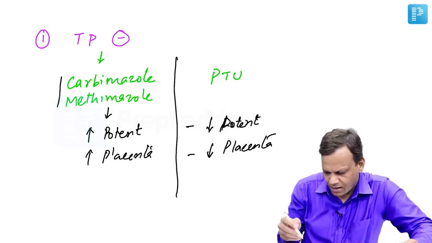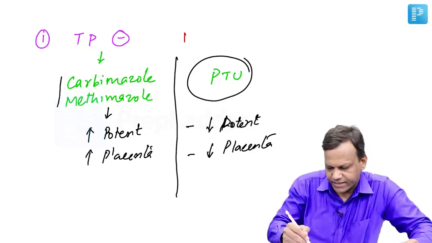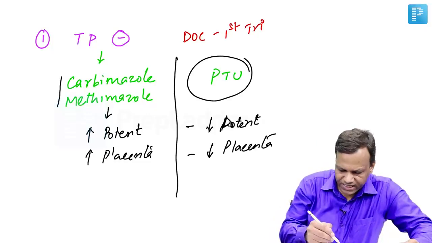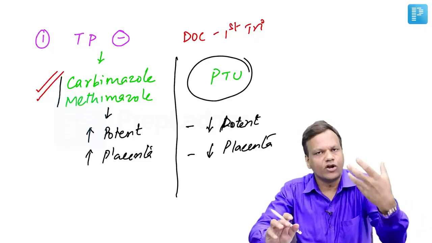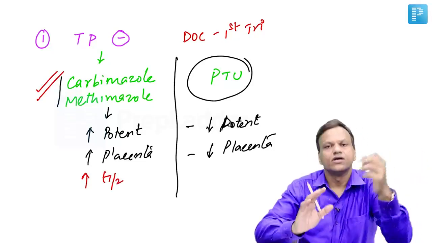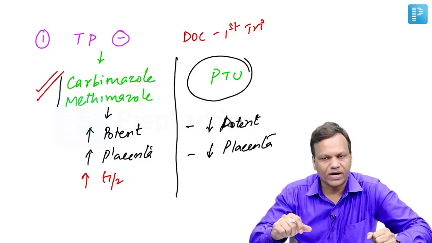So due to this reason, propyl thiouracil is a drug of choice in the first trimester of pregnancy, whereas for all other cases we prefer carbimazole because they are longer acting drugs also. They have more plasma half-life, they are longer acting, so they are the drug of choice for every case except in the first trimester when we prefer propyl thiouracil.